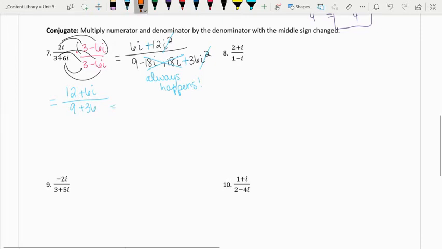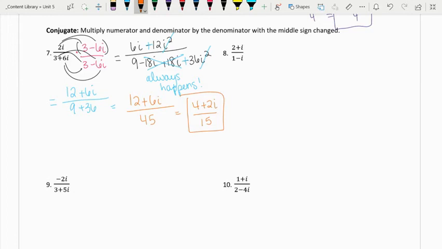If we keep cleaning it up, we have 12 plus 6i over 9 plus 36 ends up giving me 45. Now this is a pretty good answer. The problem is that every single one of them can be divided by 3. So because all 3 terms can be divided by 3, we need to simplify. So the most correct answer would be 4 plus 2i over 15, because all 3 of them can be divided by 3.